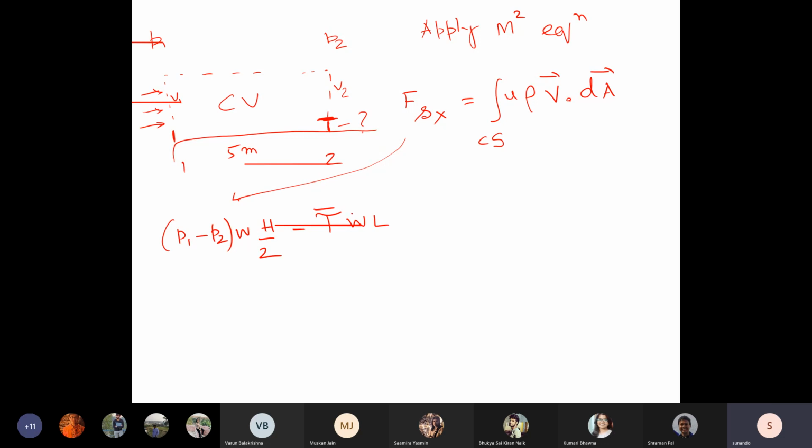Whenever we use integral equations, we always refer to average values and not point values. So tau bar is the average of the shear between location 1 and location 2.